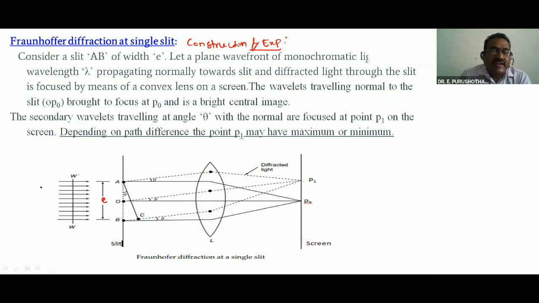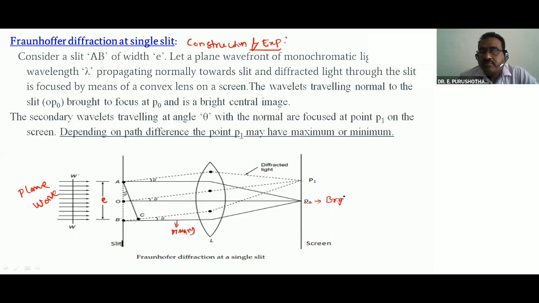From the monochromatic light source, a monochromatic plane wave, W dash plane wave, is incident on the AB slit. So the incident light is diffracted from the obstacle. This is the primary wave front, focused on the screen at point P naught.